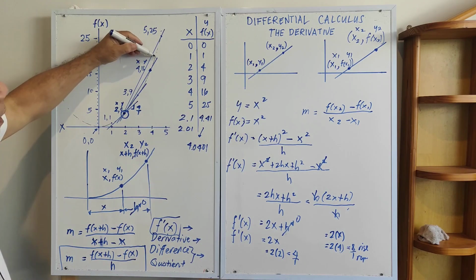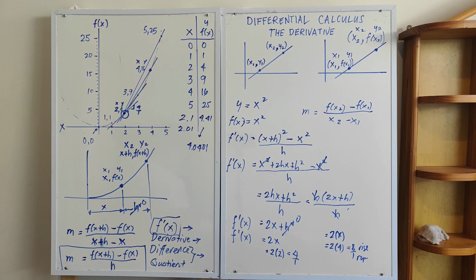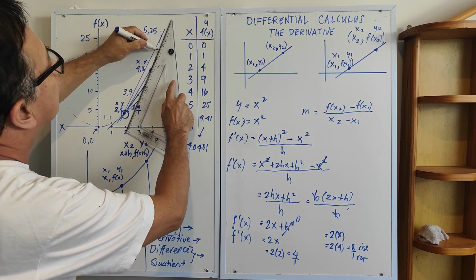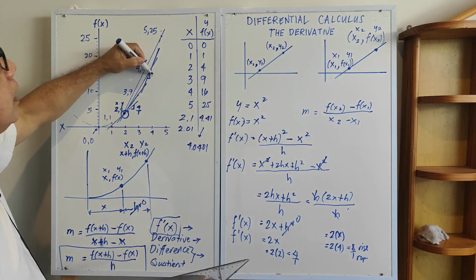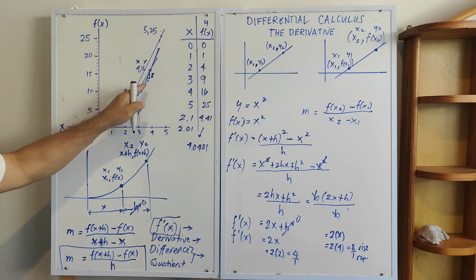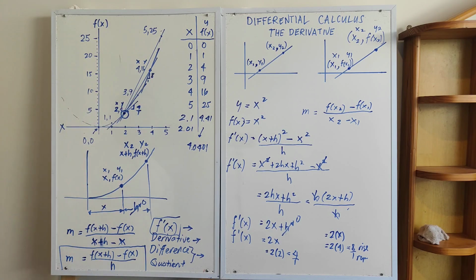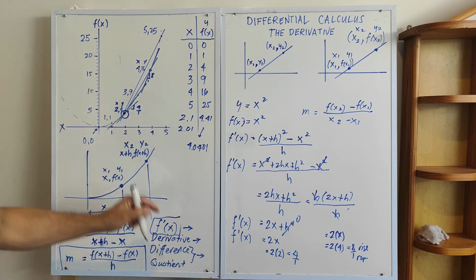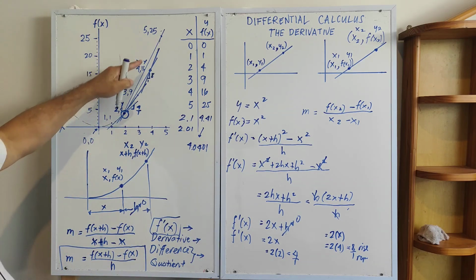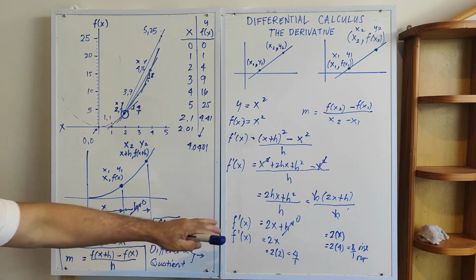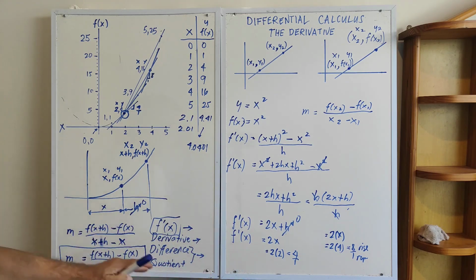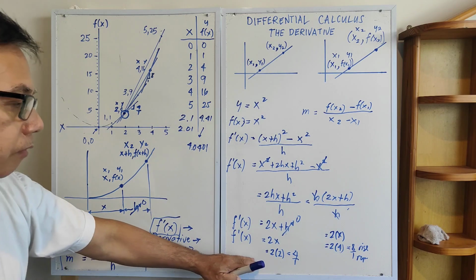So at exactly this point, if we draw a line, this is your slope. At this point, this line has a slope of 8, rise over run. So you can get the slope at any point in the curve using the derivative, using the difference quotient formula.